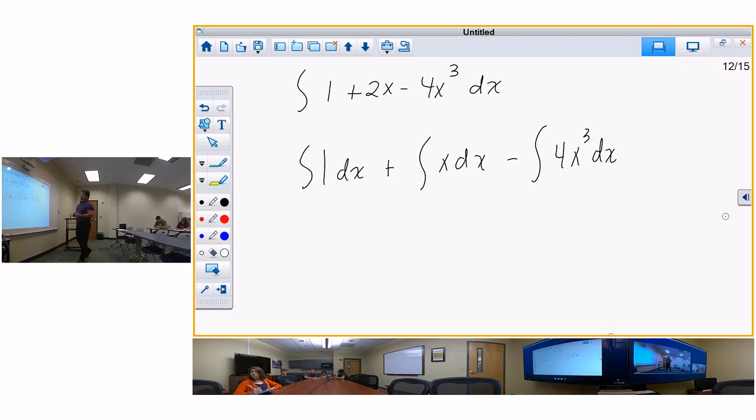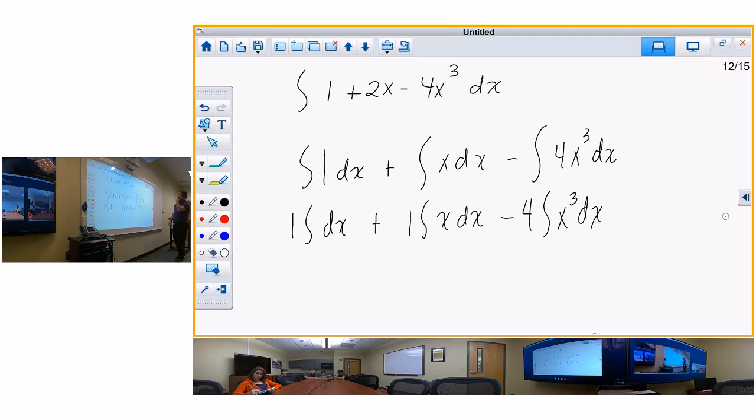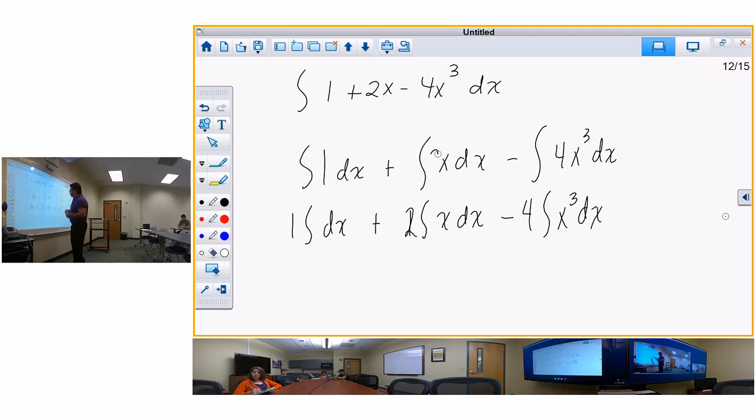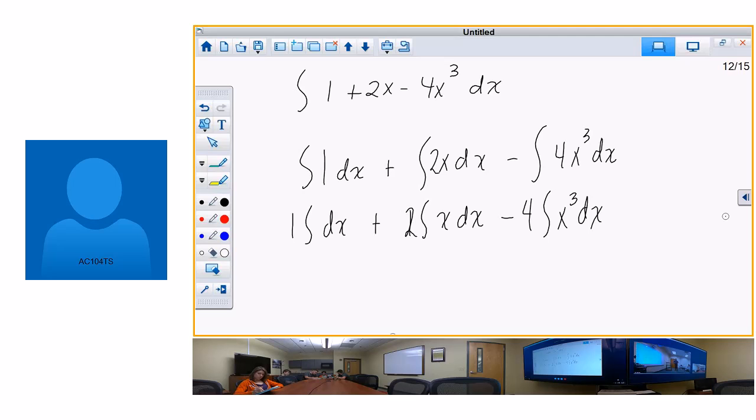The second rule is if you have a constant, you can pull it out, just like derivatives. So that would be 1 antiderivative dx plus 1 antiderivative of x dx minus 4 antiderivative of x cubed dx. Oh, sorry, that's 2. So there's 2 basic rules that you pretty much learn with antiderivatives.